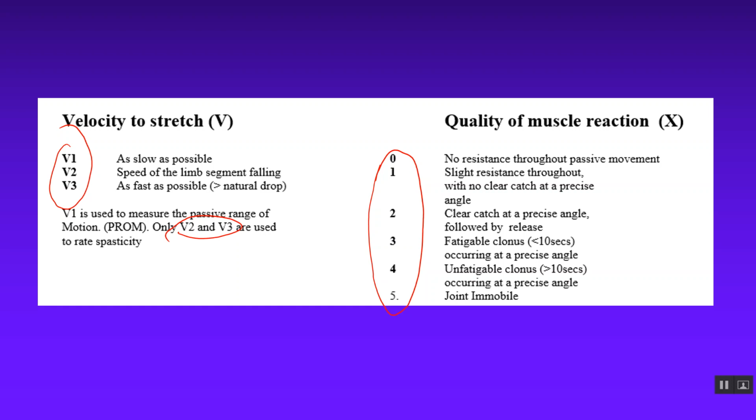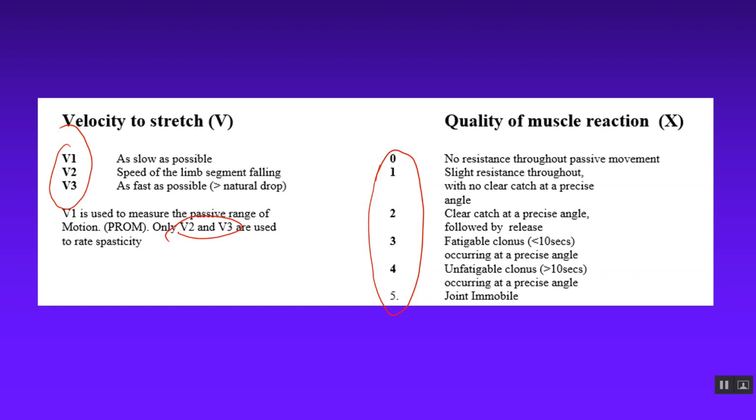Now that gets really tough when they have a lot of spasticity, because if they're so spastic, how do you move that limb faster? But that tells you a little bit about their tone. And then you rate the quality of the muscle reaction according to this 0 to 5 scale. 0 is no resistance through passive movement. 1 is slight resistance with no clear catch at a precise angle. 2 is a clear catch at a precise angle followed by a release of the muscle. 3 is fatigable clonus, which means that when you go to move their limb fast, it starts bouncing back at you, clonus, but it lasts for less than 10 seconds and it occurs at a precise angle. 4 is unfatigable clonus.